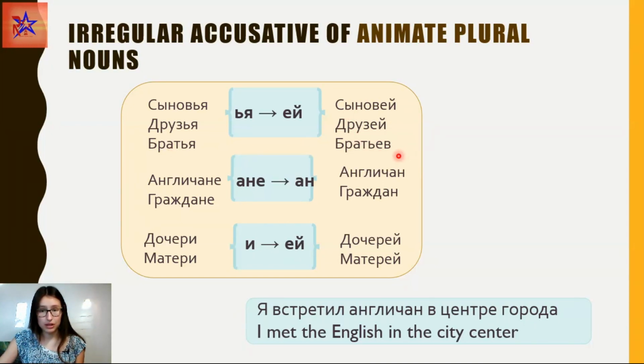But братья becomes братьев. Be careful, it doesn't belong to this group. Англичане, граждане, ending with не, becomes н: англичан, граждан. Дочери, матери, ending with и, and we add ей: дочерей, матерей. Я встретил англичан в центре города. I met the English in the city center.